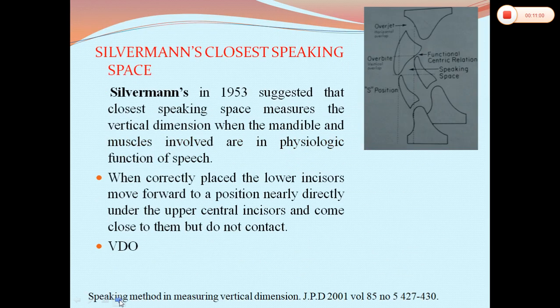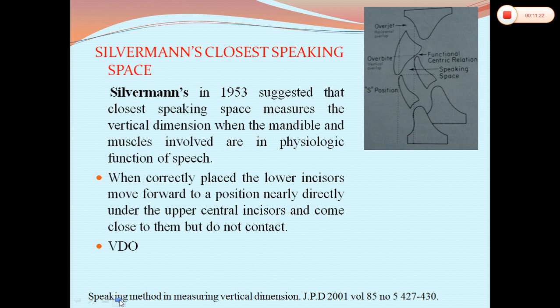Coming to Silverman's closest speaking space. Silverman in 1953 suggested that the closest speaking space measures the vertical dimension when the mandible and the muscles involved are in physiological function of speech.